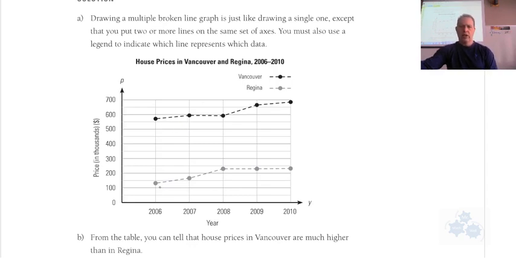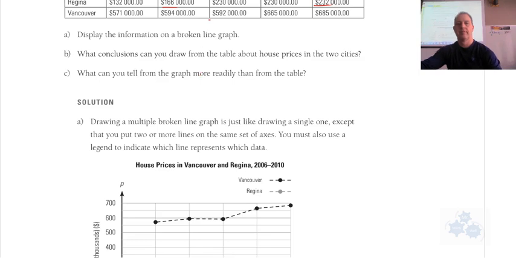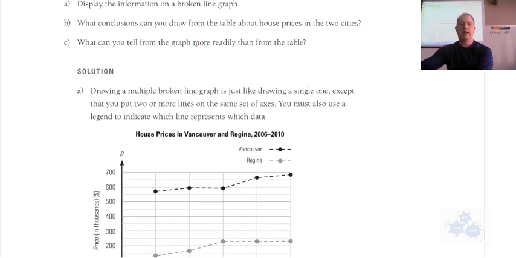So for Regina, here's that increase, and then here's the price leveling out. In Vancouver, here's a little increase, then a little drop, and then the price increasing again. So you can kind of see what's happening there, right? Okay, so that's the graph.